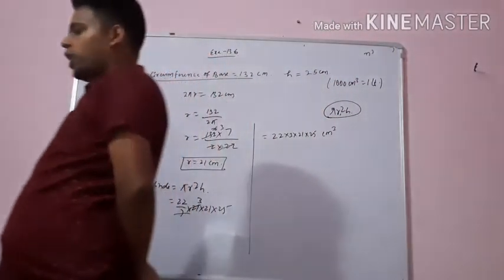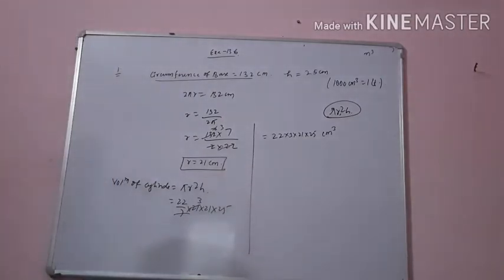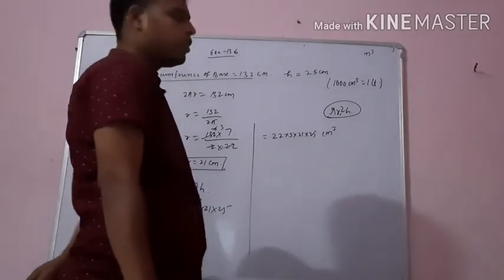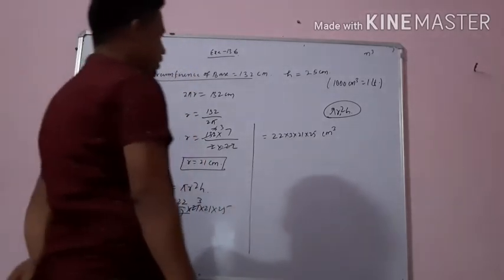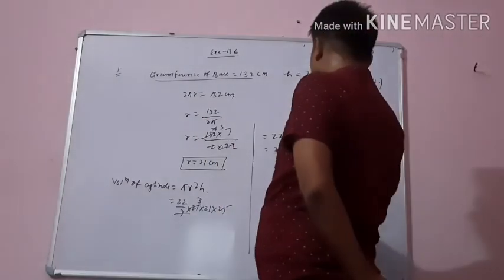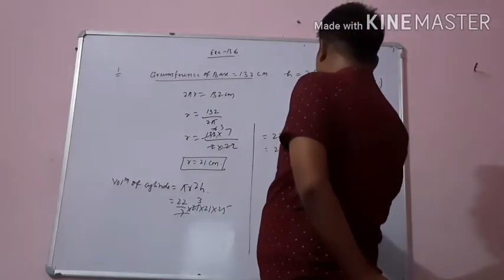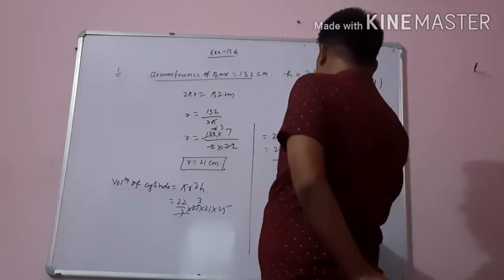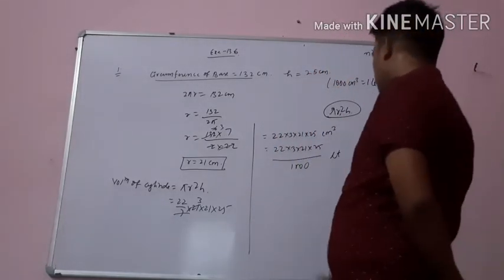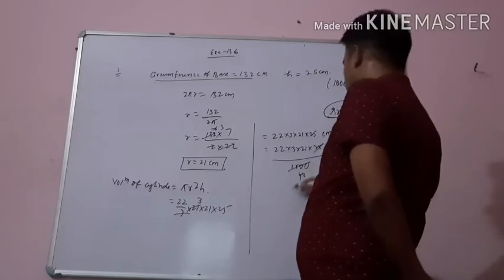Now we have to change into liters. We know that 1000 centimeter cube equals 1 liter, so we divide 22 into 3 into 21 into 25 by 1000 to change it into liters.